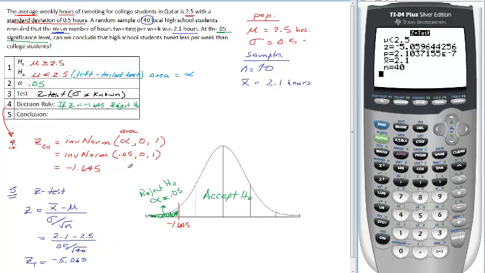So therefore, our conclusion is, since negative 5.060 is less than negative 1.645, therefore, our conclusion is reject the null hypothesis and accept the alternate hypothesis.